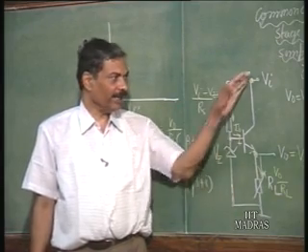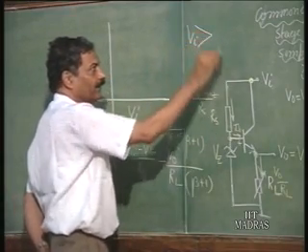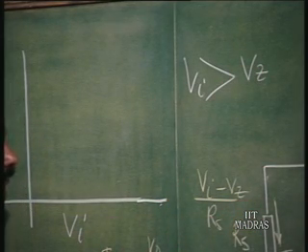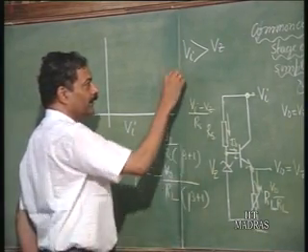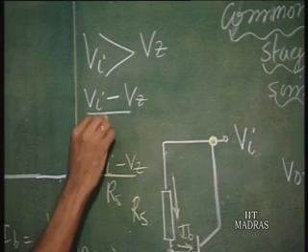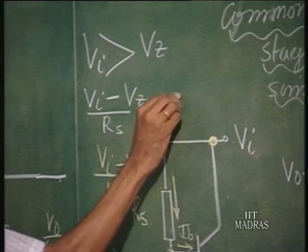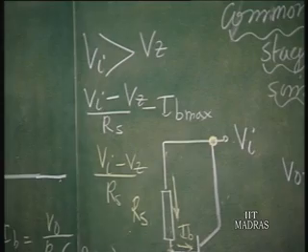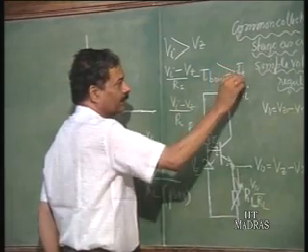So, V_I cannot fall. V_I should be greater than, first of all, V_z, so that this breakdown occurs. This is one thing. And (V_I minus V_z) divided by R_s, minus I_B max, the maximum current you take corresponding to the highest load current, should be still greater than I_knee for the Zener.